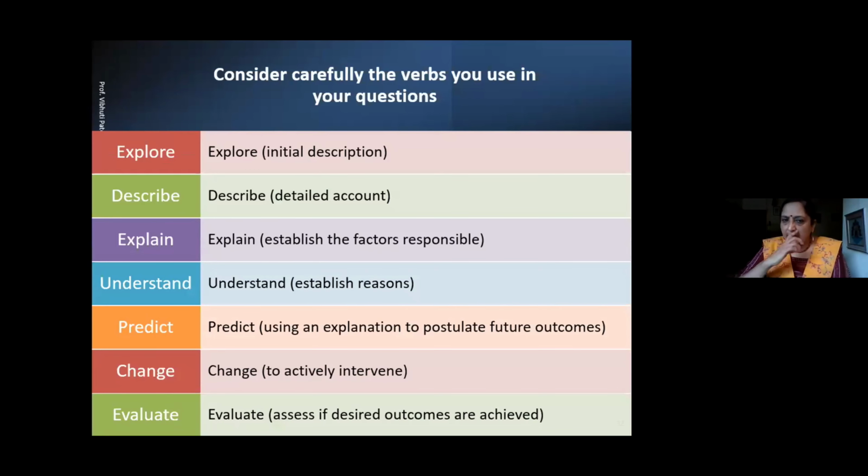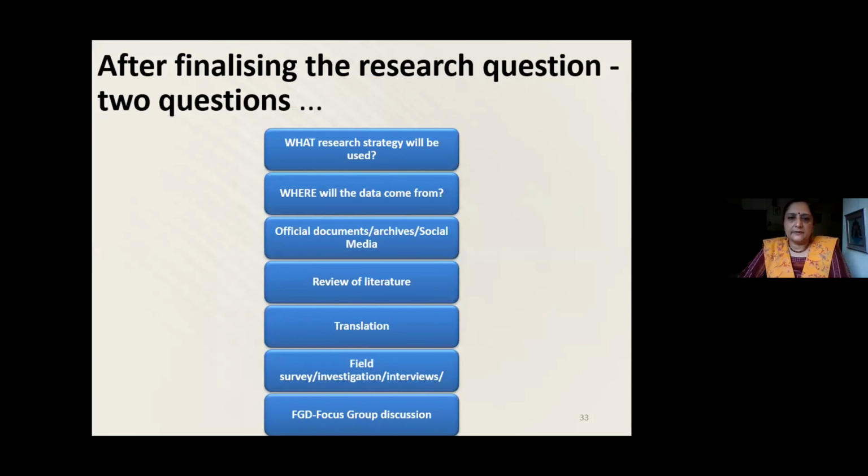That means you describe, then you explain the factors which are responsible, understand and establish your reasoning, predict what postulates you are making, what recommendations you come up with, and what kind of change one is expecting. And you evaluate whether the desired outcomes are achieved or not in your research endeavor.